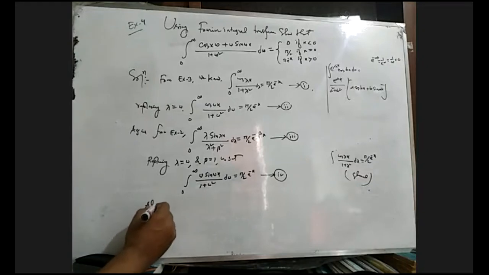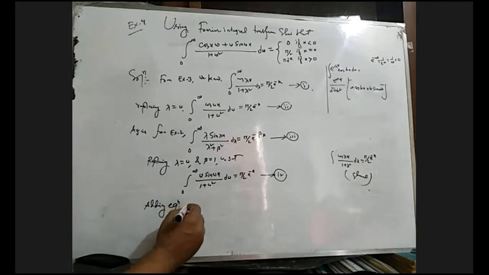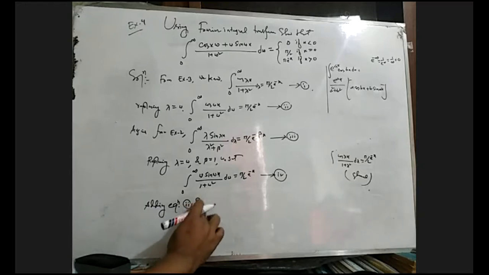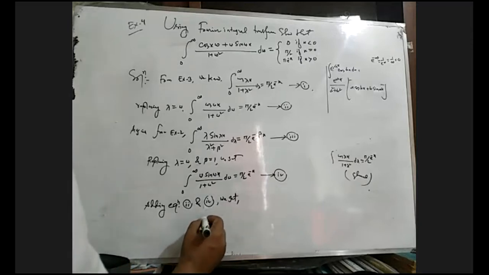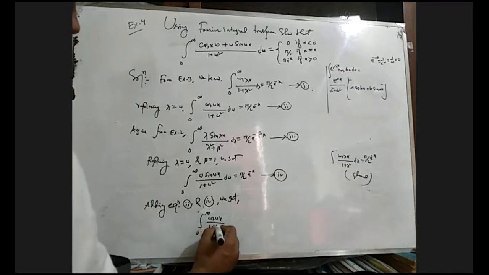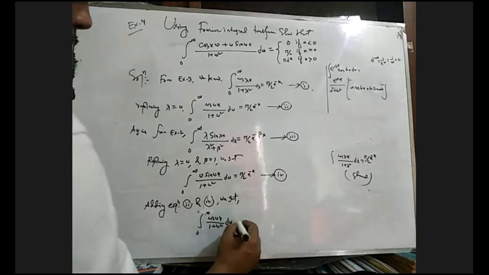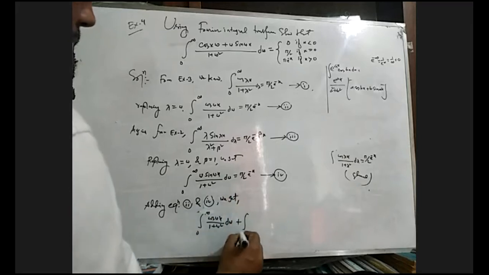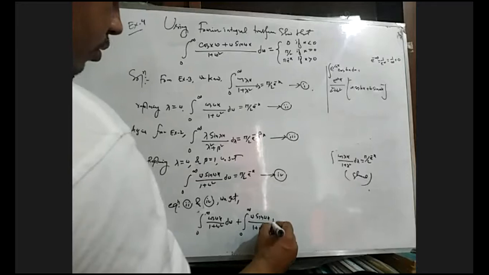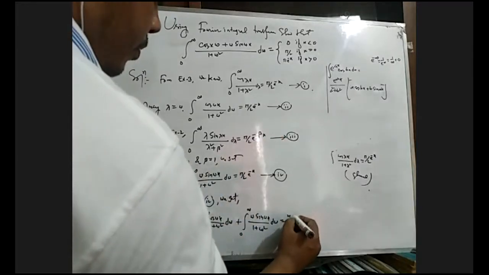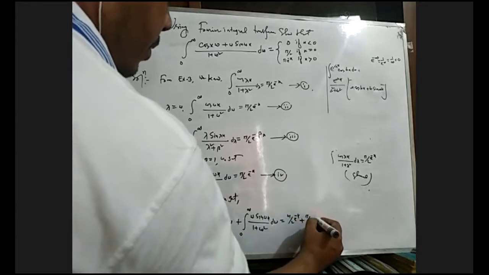Now adding equations 2 and 4, we get the integral from 0 to infinity of cos omega x divided by 1 plus omega square d omega, plus the integral from 0 to infinity of omega sin omega x divided by 1 plus omega square d omega, equals pi by 2 e to the power minus x plus pi by 2 e to the power minus x.